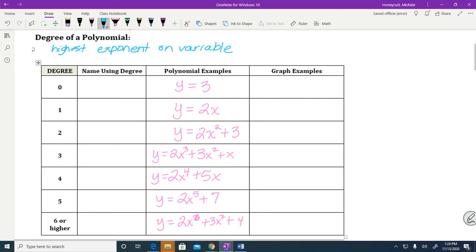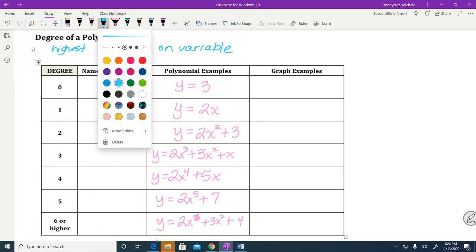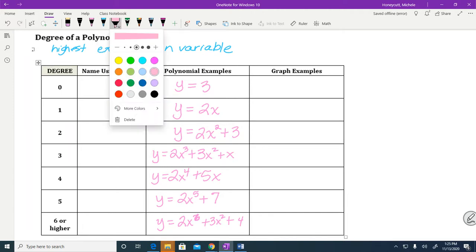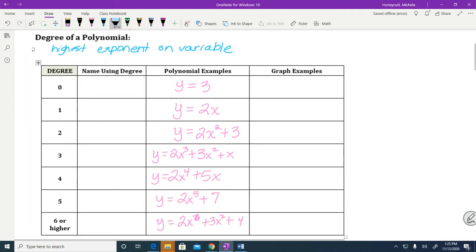Let's start at the bottom, and actually let's start at 2. It'll make more sense that way. So if we start at 2, the degree of 2 means that when I write my equation, the highest exponent on the variable is 2. So when that happens, we have a quadratic function or a quadratic polynomial.